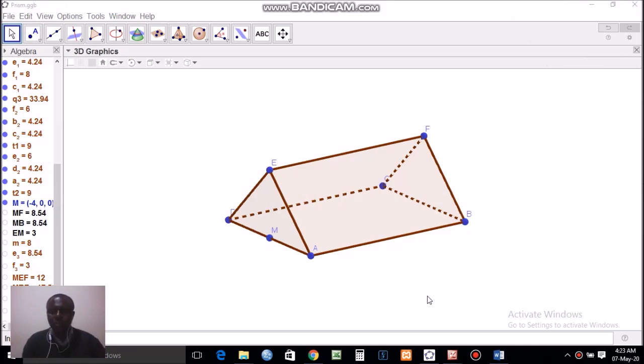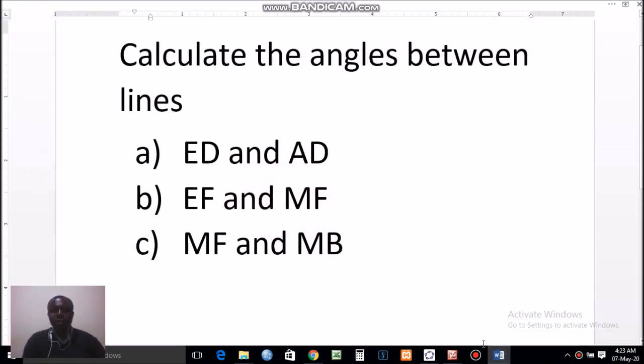We scale up, and we want to discuss how to calculate angles between two lines in a three-dimensional object. And so I would like to ask you to copy this problem down, which we will use to explain how to calculate the angle between two lines in three dimensions.